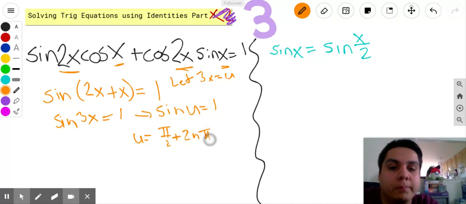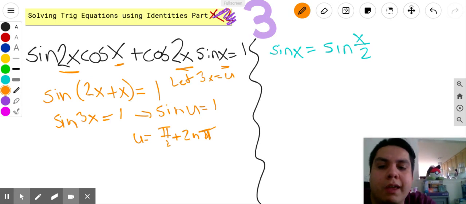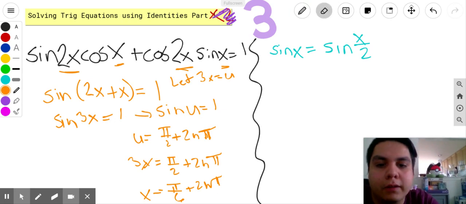That's a general solution, because sine is only equal to 1 in one location between 0 and 2 pi, and it's there. However, I'm not trying to solve for u, I'm trying to solve for x. So that means that 3x should equal pi over 2 plus 2n pi, meaning x should equal pi over 6 plus 2n pi divided by 3.